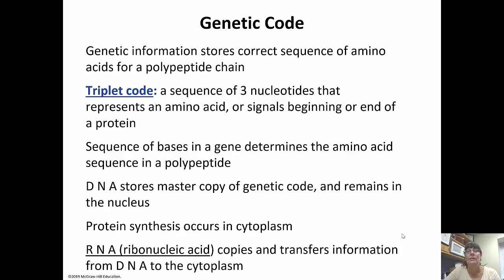And DNA, of course, stores the master copy of the genetic code and stays inside the nucleus. So protein synthesis occurs in the cytoplasm, but the RNA is copied and transfers the information from the DNA. So the RNA is made inside the nucleus, and then it leaves the nucleus and goes to the cytoplasm to direct the synthesis of the protein.